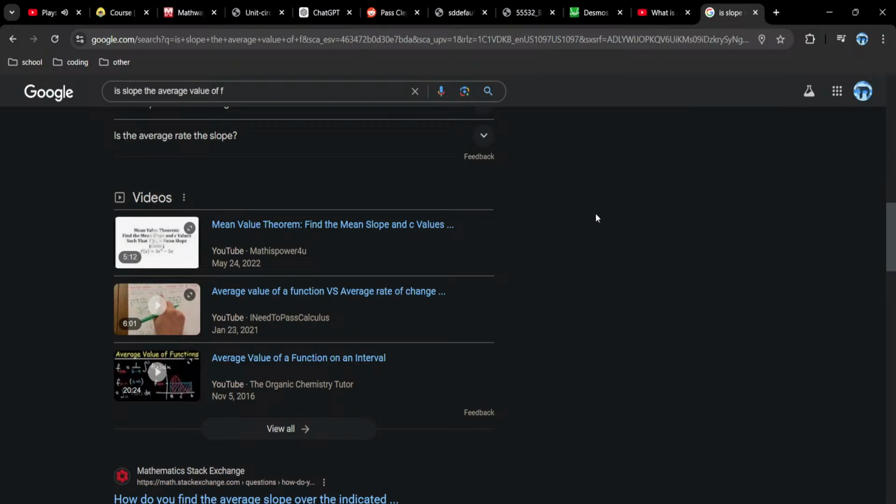Mean value theorem. I think that's a definite thing. Okay, page 144. I think I have this textbook.